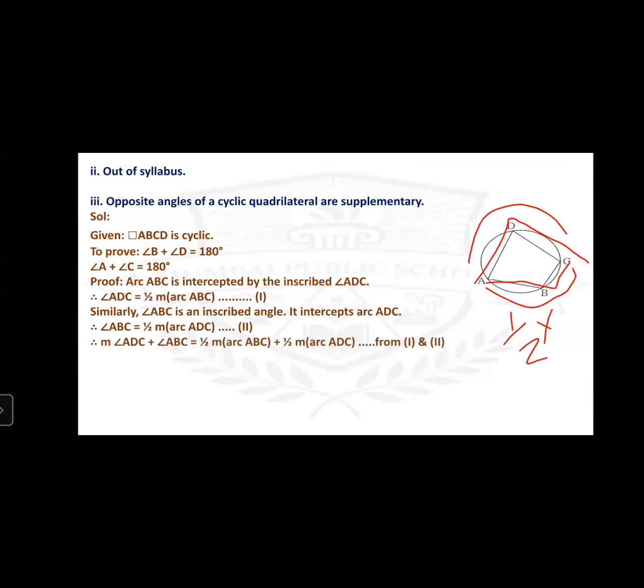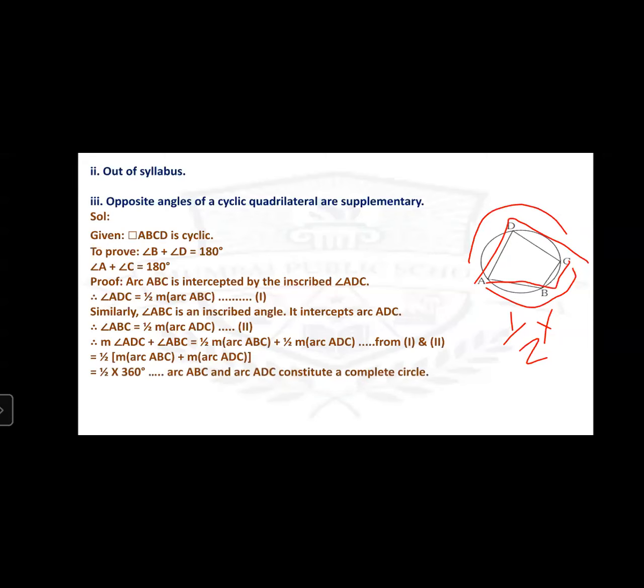So adding equations 1 and 2, angle ADC plus angle ABC is equal to half of major arc ABC plus half of major arc ADC. We take half common: half of the measure of arc ABC plus the measure of arc ADC.